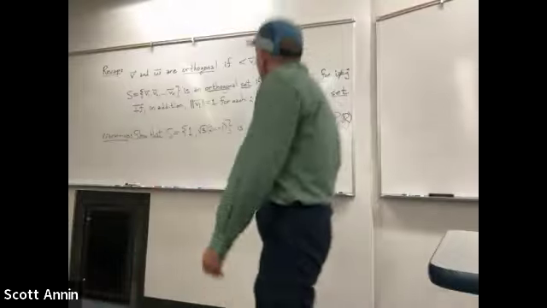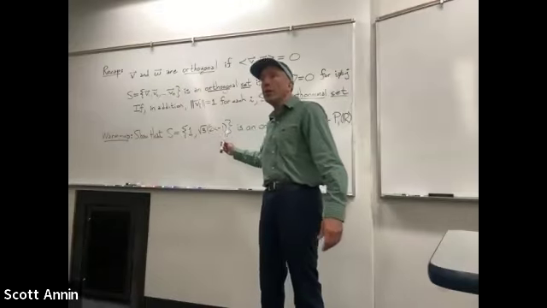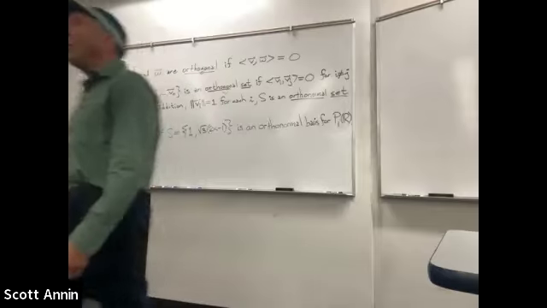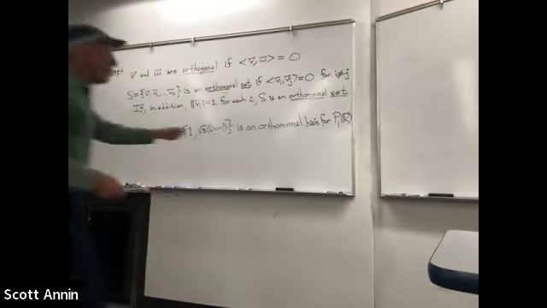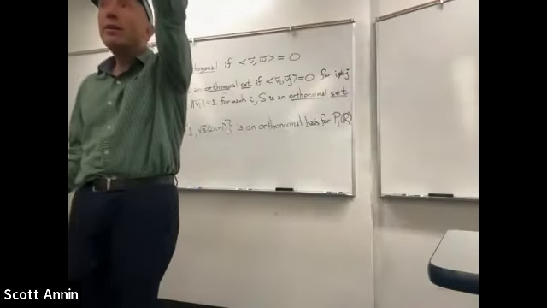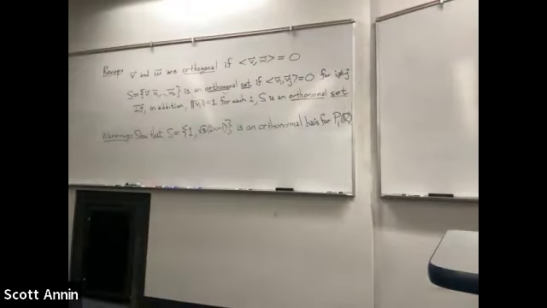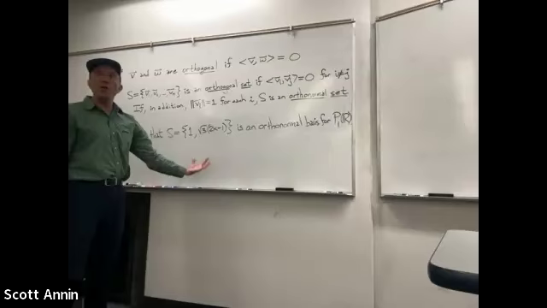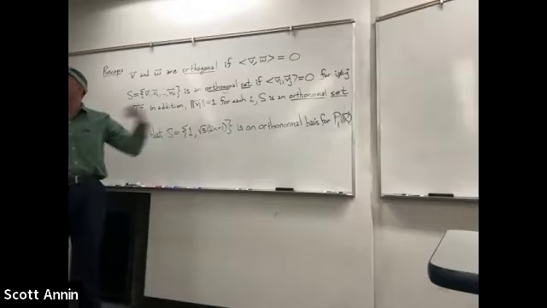And I would like to show that these two polynomials here form an orthonormal basis. By the way, when I say orthonormal basis, what I mean is they are a basis and they are orthonormal as a set.